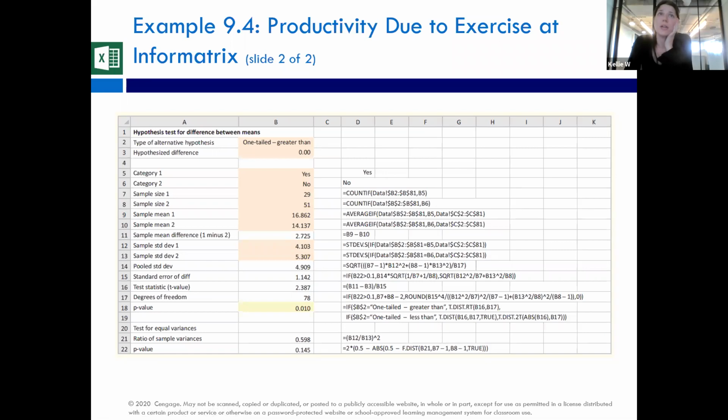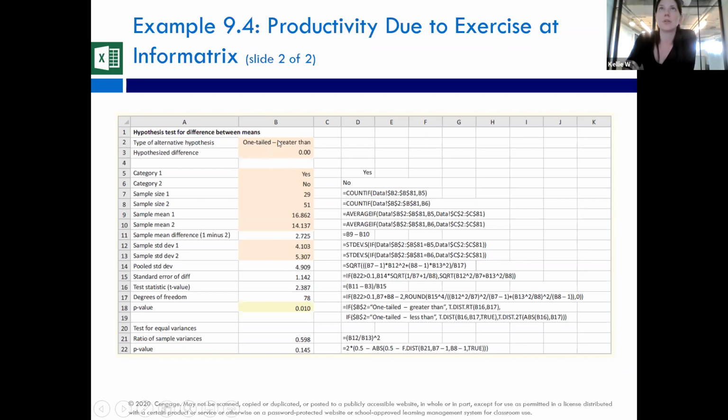Okay, so if we plug in all our calculations, when we're doing this for difference between means, we have more things going on, but don't let that intimidate you because you're still going to be using a template. So you need to understand where to put inputs, but you don't need to understand how to build out these calculations. So a one-tailed greater than hypothesis, because we're only concerned about whether or not the productivity for the exercisers is greater than the non-exercisers.